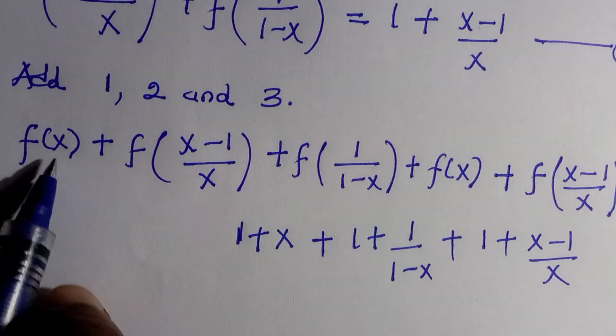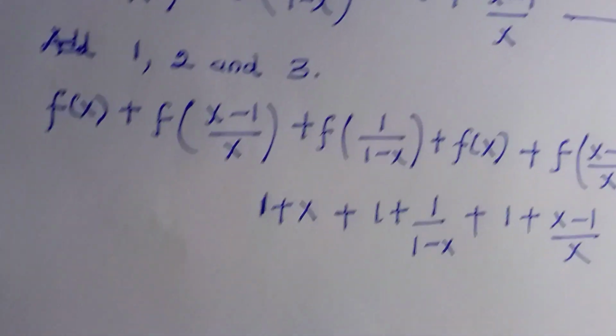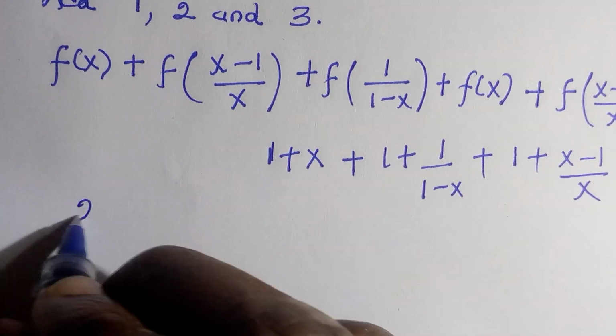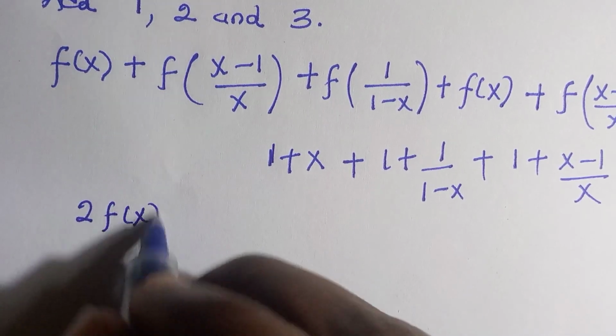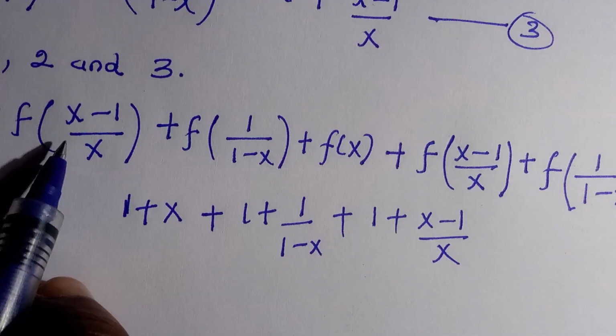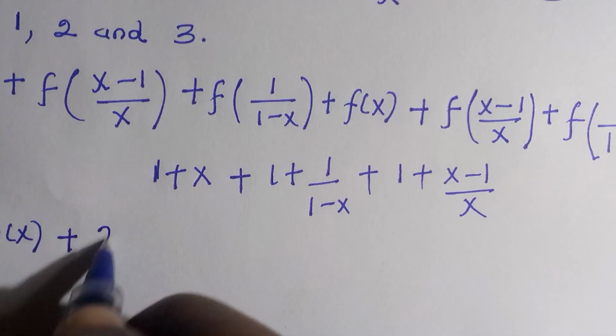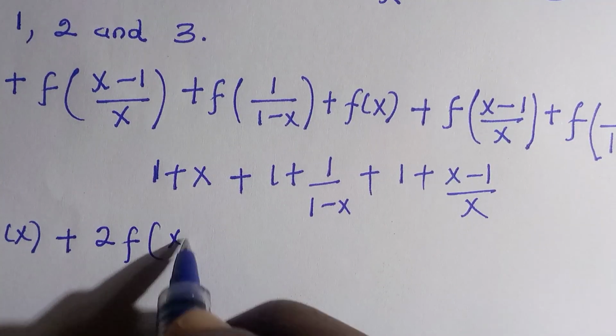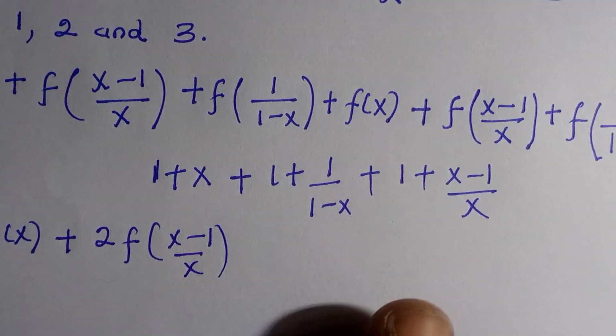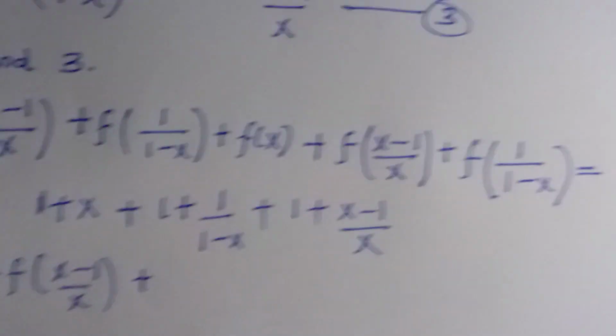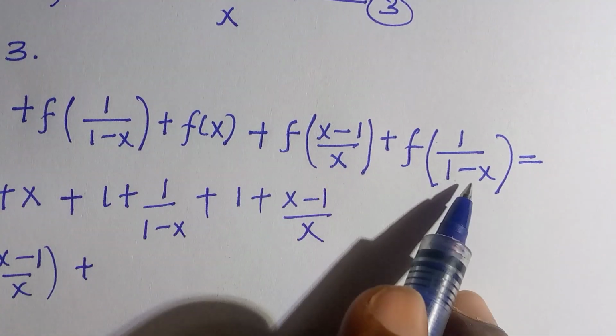Okay, from these equations we have f of x twice, which means that one is 2f of x, and f of x minus 1 divided by x is also appearing twice. We have it as 2f of x minus 1 divided by x. While the last one is also appearing twice, which is f of 1 divided by 1 minus x.